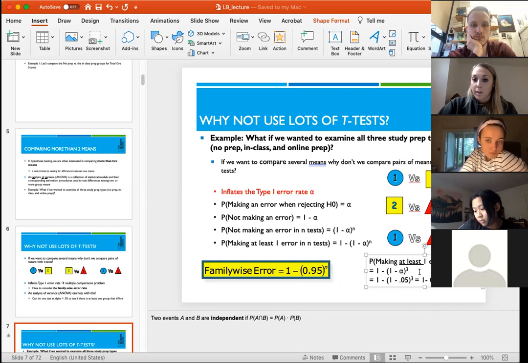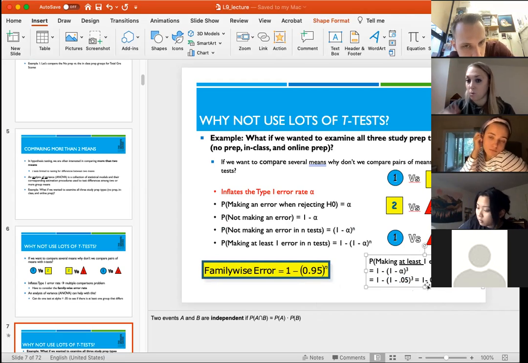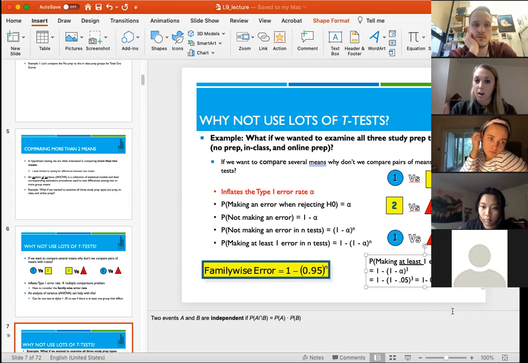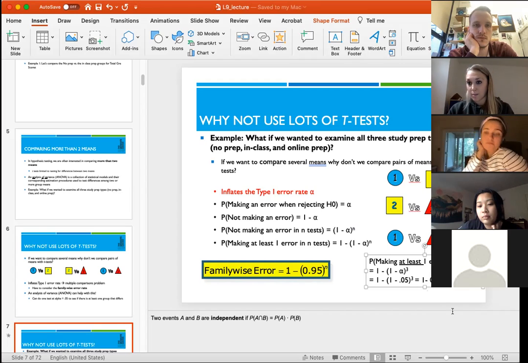If you're doing 3 tests, 0.95 cubed is 0.86, and then your family-wise error rate is 1 minus 0.86. So your probability of making at least one type 1 error among all those tests is 0.14. Now no longer is it a 5% chance of committing a type 1 error, now it's a 14% chance of committing a type 1 error.